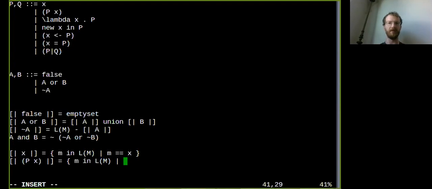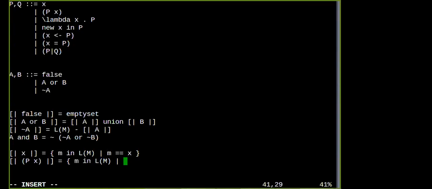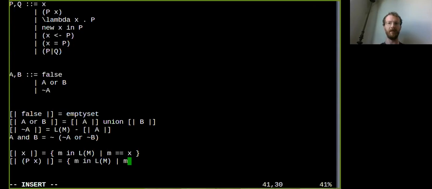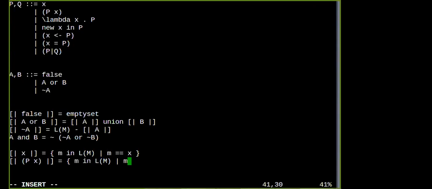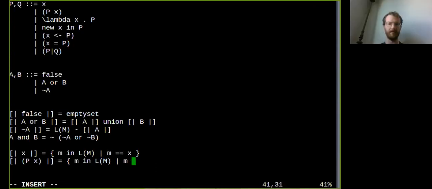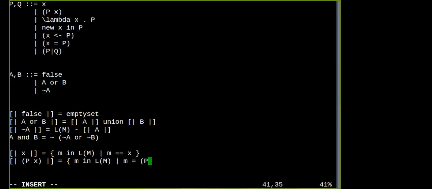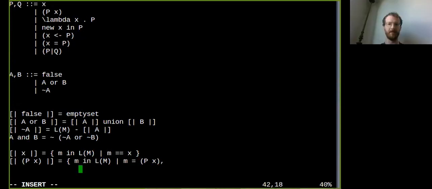Yeah, almost. So note that P and X are both terms in our language. So what we're going to say is that the M's that we have to pick are the M's that decompose into X here, such that.